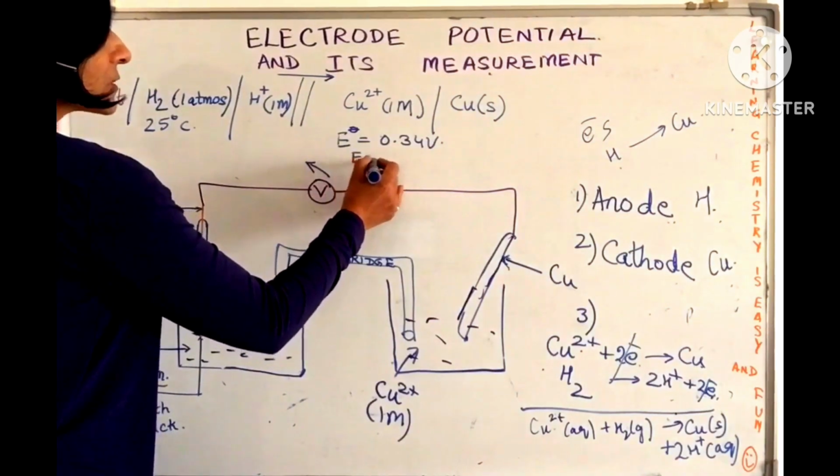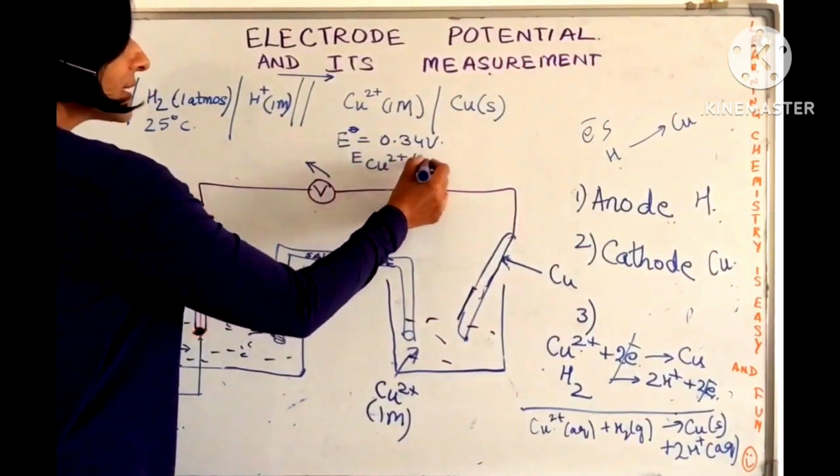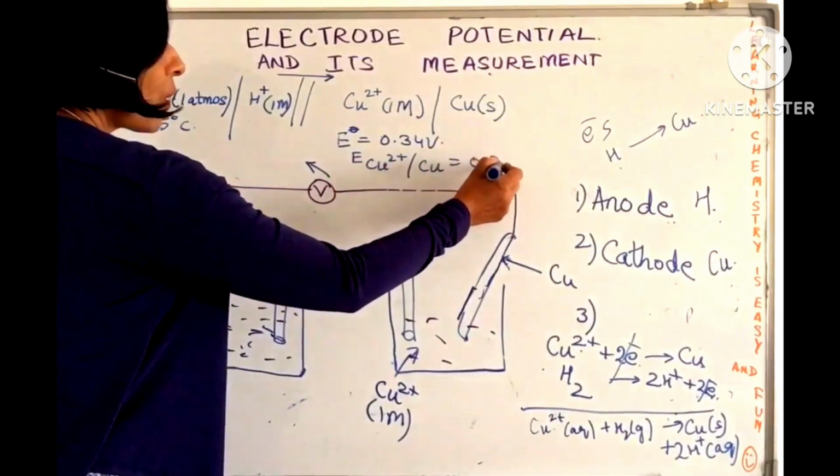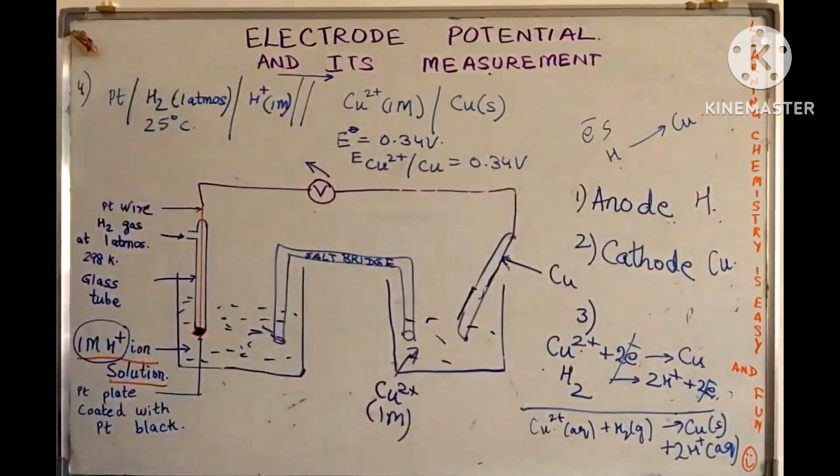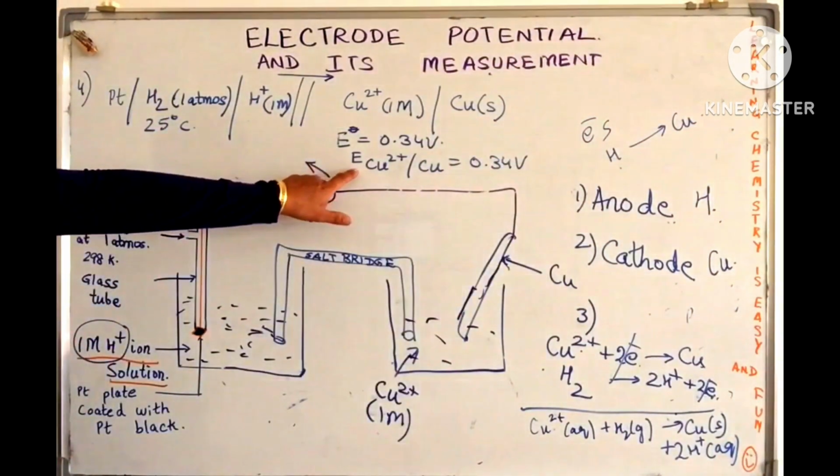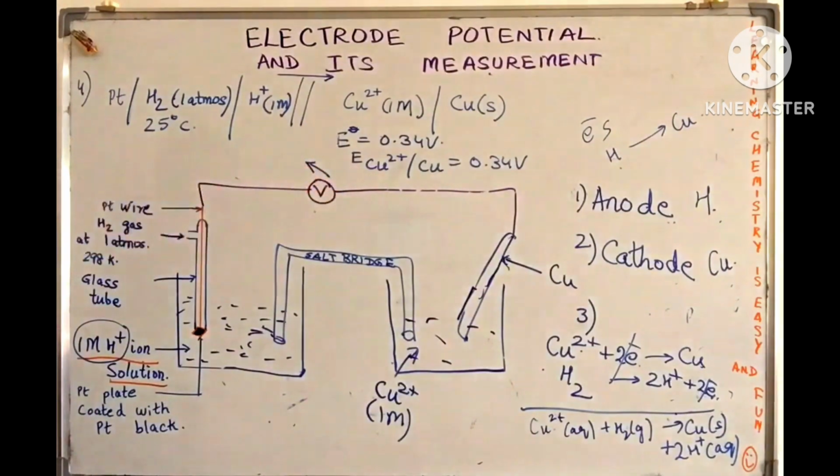So this is what is called the reduction potential of copper. That means this much is the tendency of copper to get reduced, to gain electrons in comparison to hydrogen. Correct? So what will be its oxidation potential? Super, it will be negative 0.34 volt.